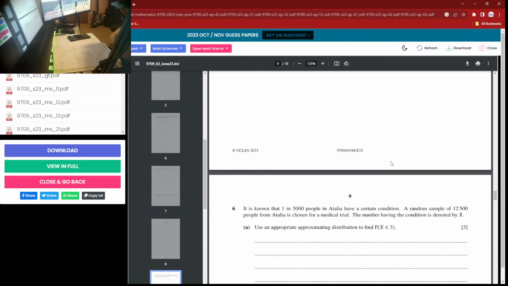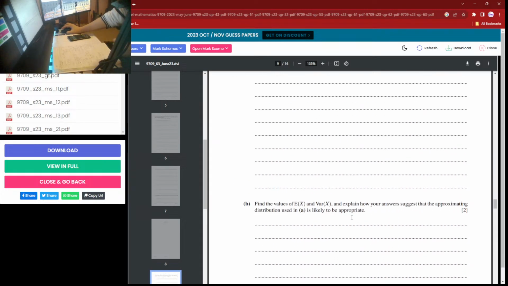Because for Poisson, the mean is the same as the variance. So that's why it's equal to 5 over 2. And it's likely to be appropriate because np is less than 5.